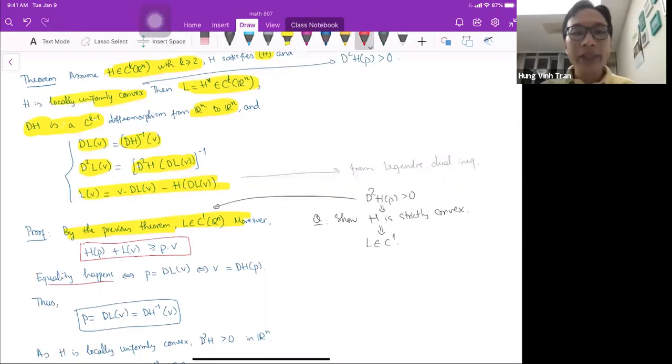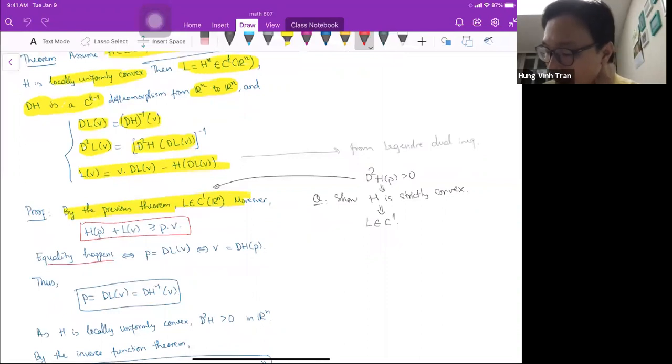When H and L are C1, I can talk about gradients instead of subgradients, so that's easier for us. So when equality happens, P equals the gradient of L at V, and equivalently V equals the gradient of H at P.